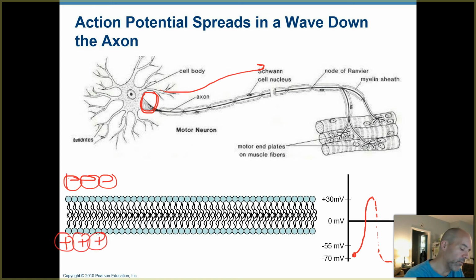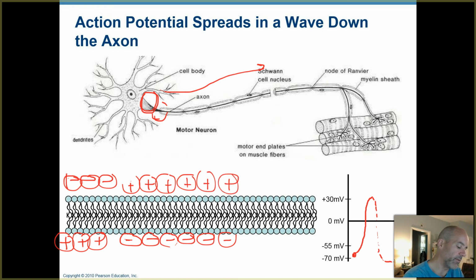Now let's say over in here, we want the action potential to spread to that location. Over there right now, the inside is at its normal state. Everywhere else along the axon, the inside is more negative and the outside is more positive.